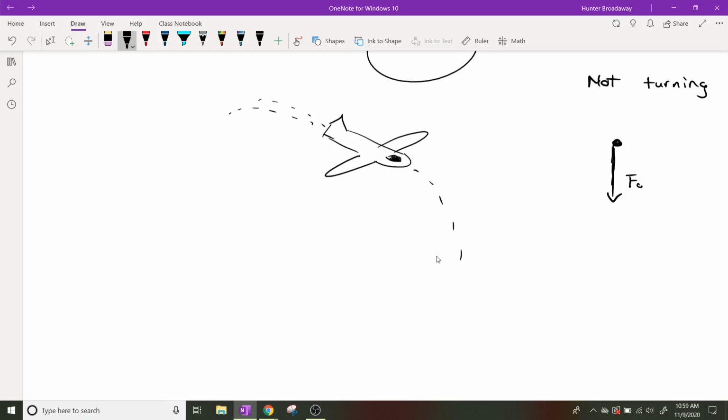So we've got F of G, gravity going down. What do we have going up? Is there anything going up? Okay, so the wind resistance is holding it up. We're going to call that lift. That comes from the actual wings on the plane.